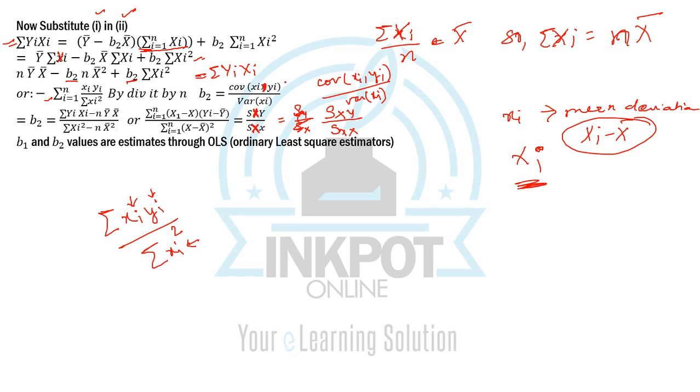So pick any one as per your requirement. So now when you get the value for b2, you will just put that value in the expression of b1, that is y bar minus b2 x bar. So you'll put the b2 value here, and you'll get an expression for b1.